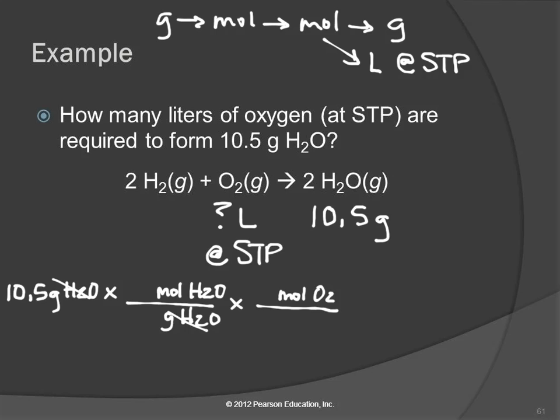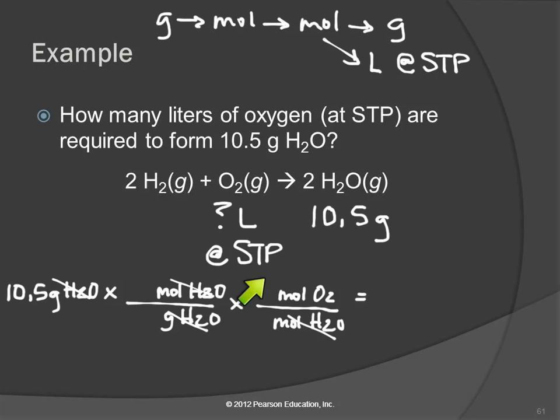And what goes on the bottom? Moles of H2O. You starting to get the hang of this now? So that gives us moles of oxygen. We can't really just throw the other stuff in here. So we're going to stop here and calculate the moles of oxygen so that we can use that in the ideal gas equation.